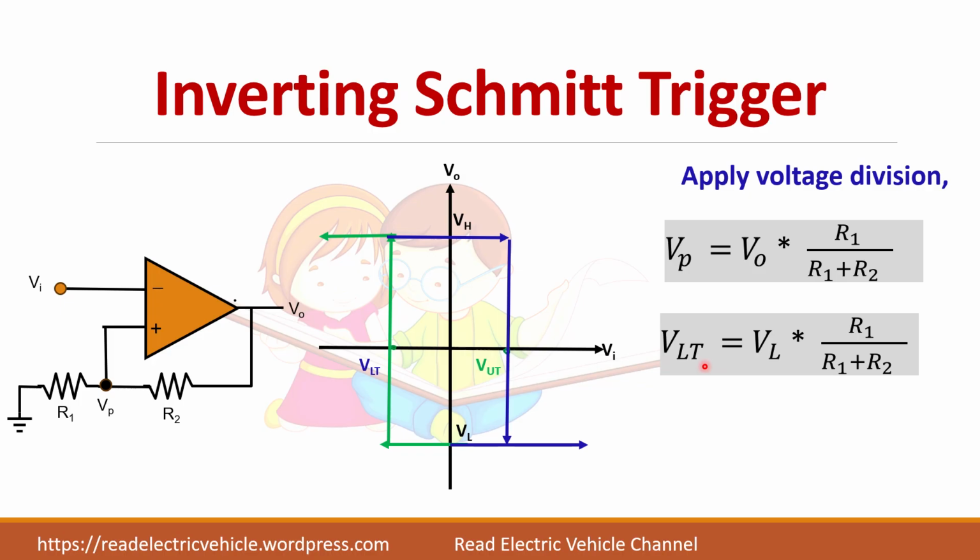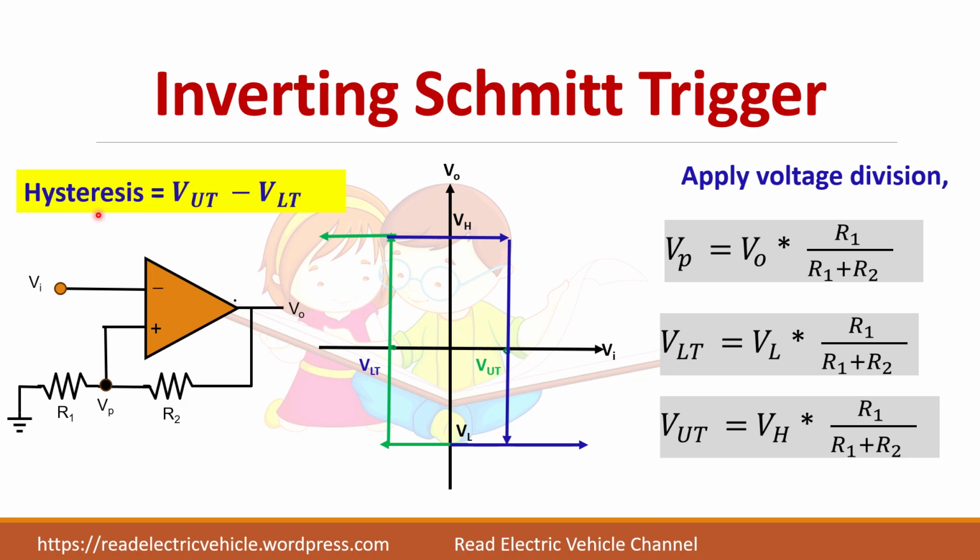The lower threshold voltage is given by VL into this resistor ratio and the upper threshold is VH into this one. So by changing the resistor values, we can change the threshold values or the hysteresis. So hysteresis is given by upper threshold minus lower threshold. By changing these values, you can change these voltages.